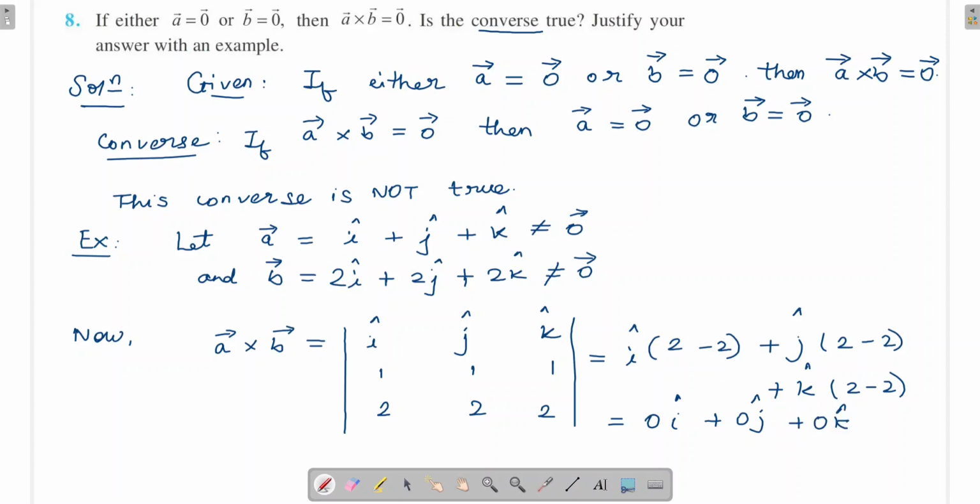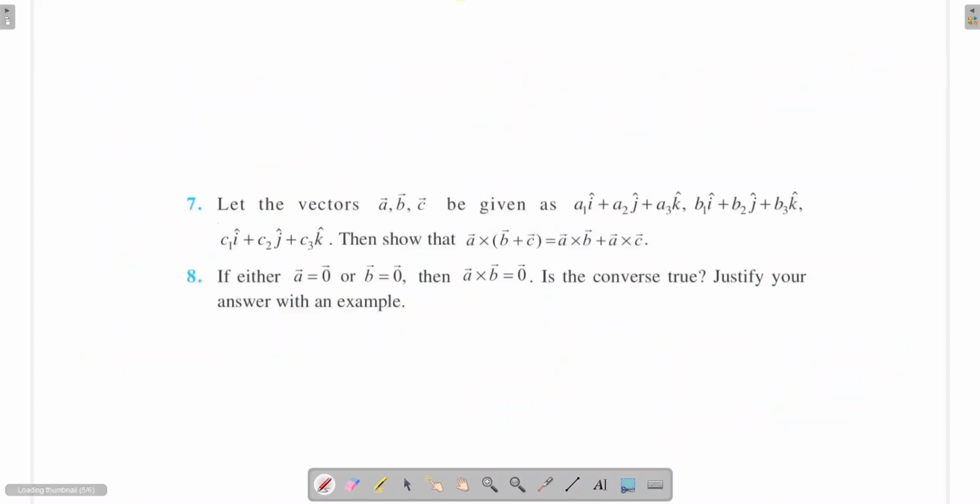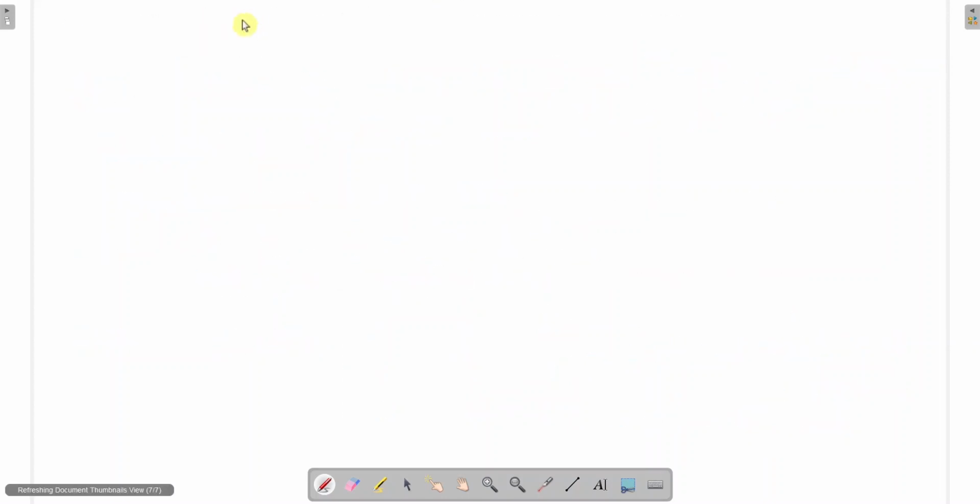So this implies a bar cross product b bar is equal to the 0 vector, right?